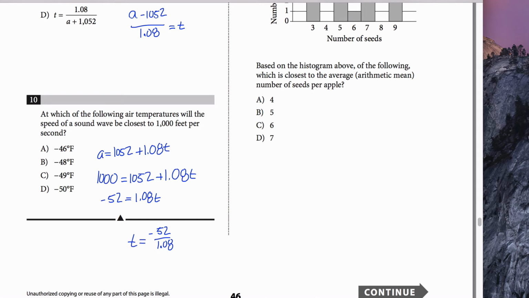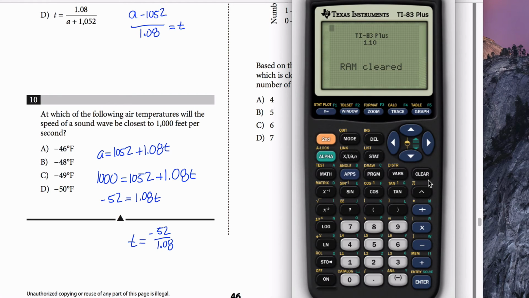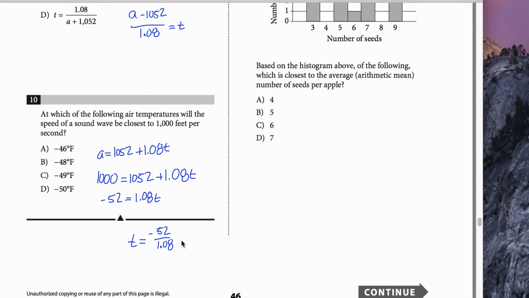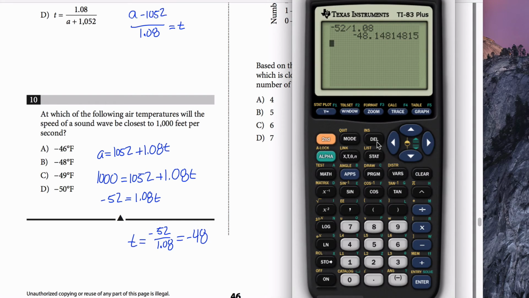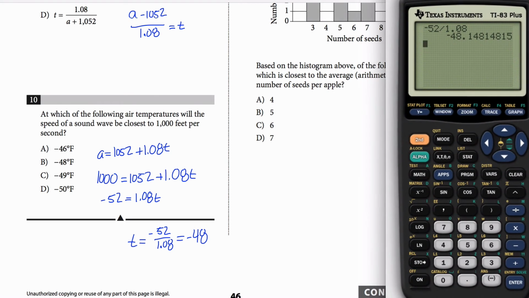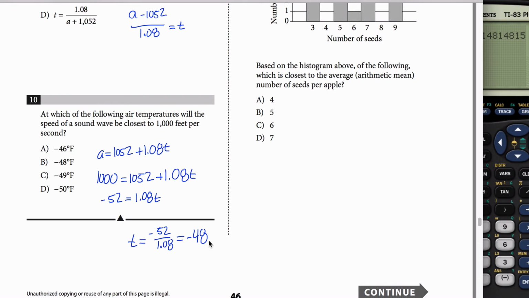And maybe you don't know what that is, but this is the calculator portion of this test, so it's easy enough to just pop that into a calculator. Negative 52 divided by 1.08, and what it spits out is negative 48.15, I guess. And you're like, I don't see that answer anywhere up here. Oh, right, which will be closest? This number is closest to this number, so therefore that's my answer.